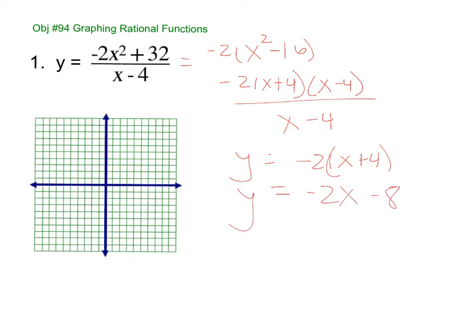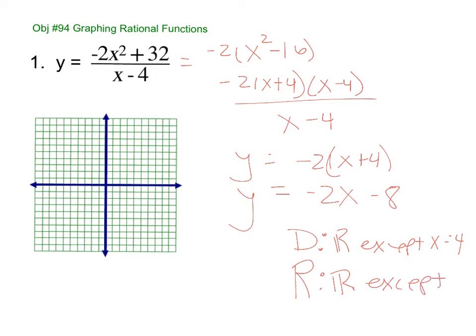This is actually a line, right? The domain is all real numbers except x equals 4. Even though it canceled out, it's still not in the domain of the original function. The range is all real numbers except what we get when we plug 4 in: negative 16. Y equals negative 16.